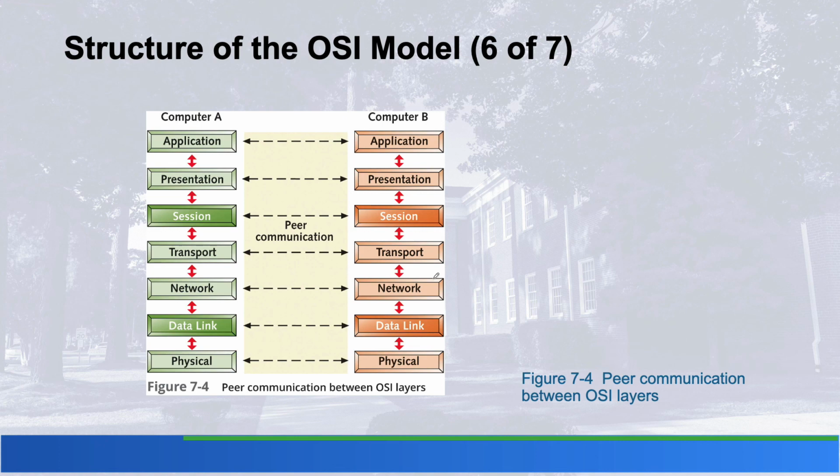So logically, what happens is when you have a message, let's make a packet. We have a message that we want to send from computer A to computer B. It's going to travel down this OSI model through all these different layers, where it's going to be sent across the network.